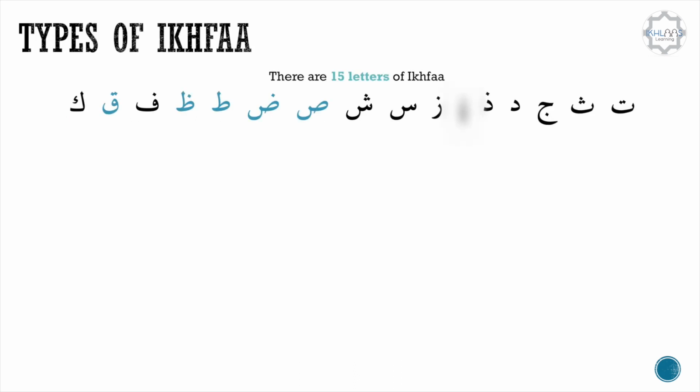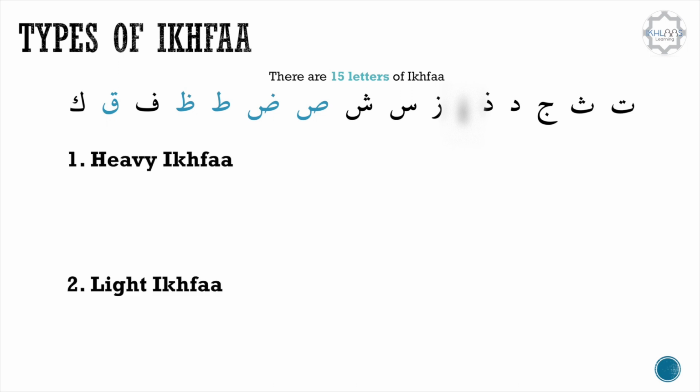There are 15 letters of Ikhfa: Ta, Tha, Jim, Dal, Dhal, Ra, Za, Sin, Sheen, Sad, Dad, Ta, Dha, Fa, Qaf, and Kaf. And these are divided into 2 types: heavy Ikhfa and light Ikhfa.